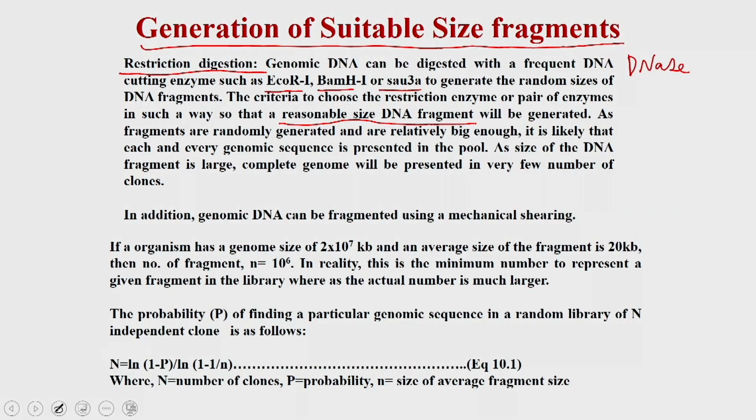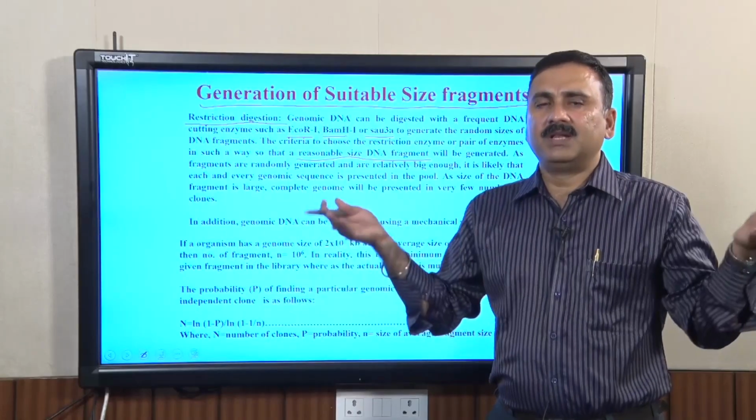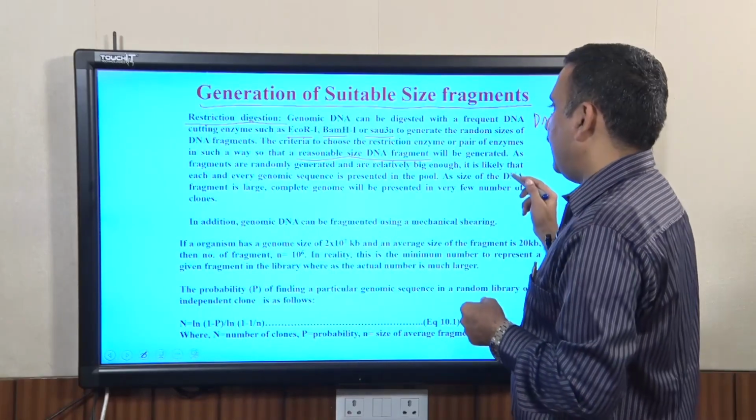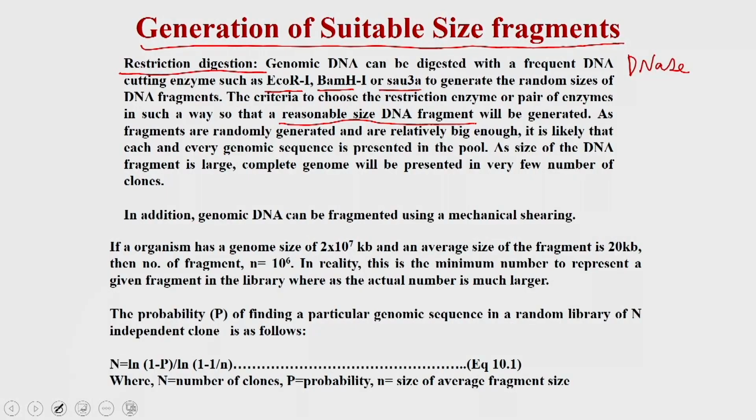So, you need a suitable size fragment so that it will express at least one gene, or a maximum of one gene plus the flanking sequences of other genes. So if you digest the genomic DNA with restriction enzymes, either alone or in combination, most likely you will generate a suitable size DNA fragment.